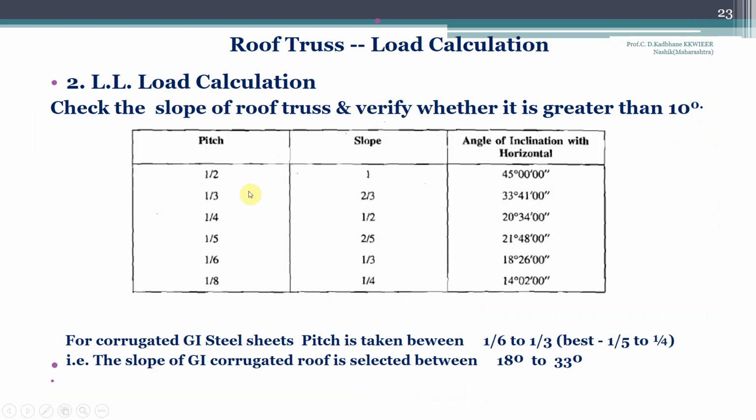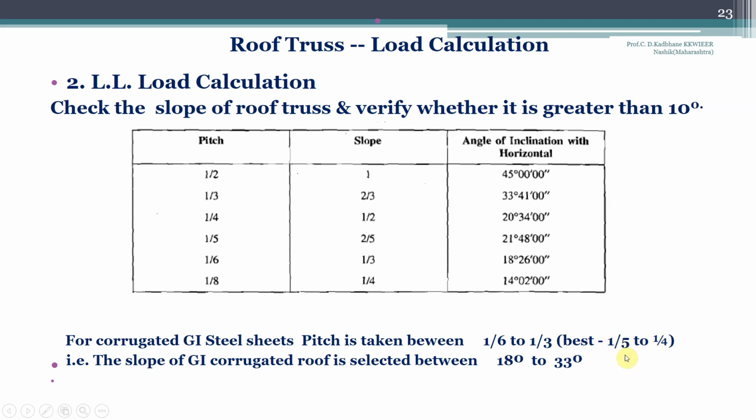Now, whenever we are to consider a slope as per the pitch, these are the guidelines given in the table. If these are the values of pitches, then these are the values of angles. In case of corrugated GI sheets, pitch is taken between 1/6 to 1/3, and the best value is 1/5 to 1/4.